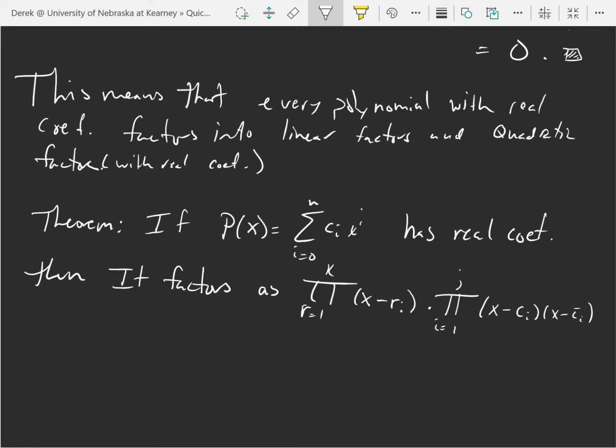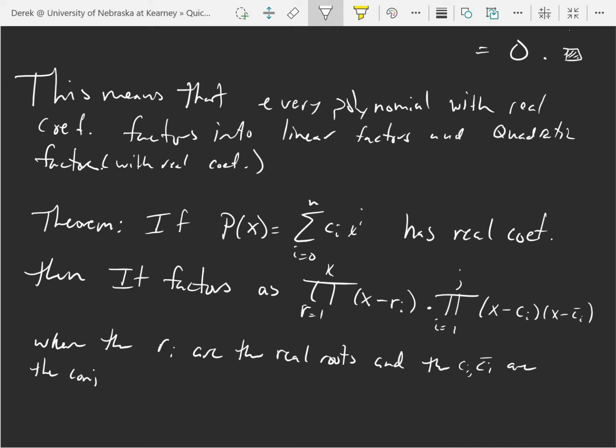This is a product of these two products, where the r_i are the real roots and the c_i and c_i bar are the conjugate root pairs.